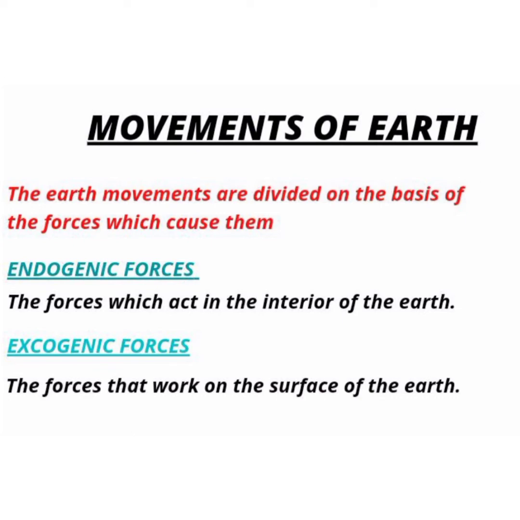Now we will discuss the movements of the Earth. The Earth's movements are divided on the basis of the forces which cause them. There are two types of such forces: endogenic forces and exogenic forces. The forces which act in the interior of the Earth are called endogenic forces, and the forces that work on the surface of the Earth are called exogenic forces.